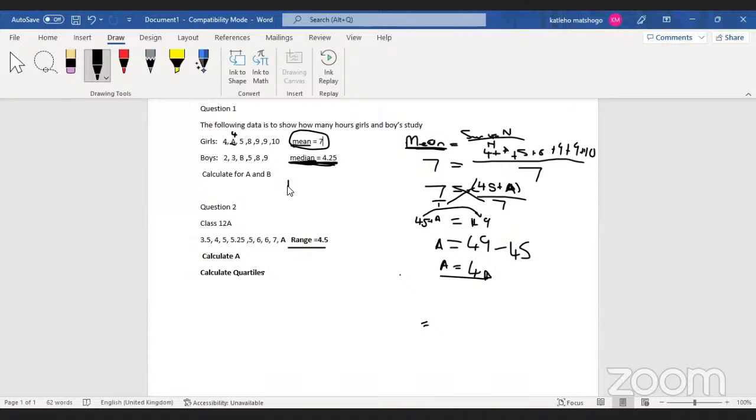So now to calculate the median, you'll forgive me for the handwriting also. The median is the middle number. So to get the median, we must find the middle number. So 1, 2, 3, 1, 2, 3. There are 2 numbers in the middle. As I said, if there was a 9, or let's say a 10, our median was going to be 5.